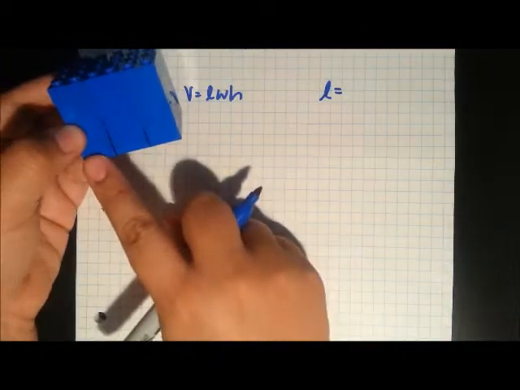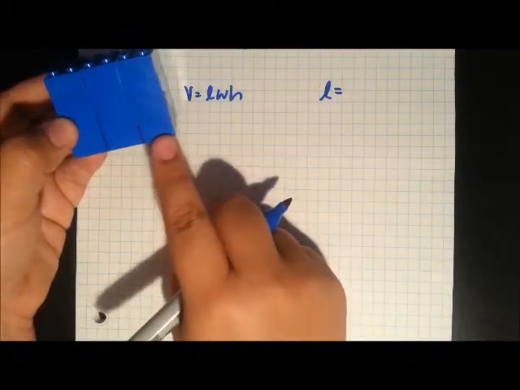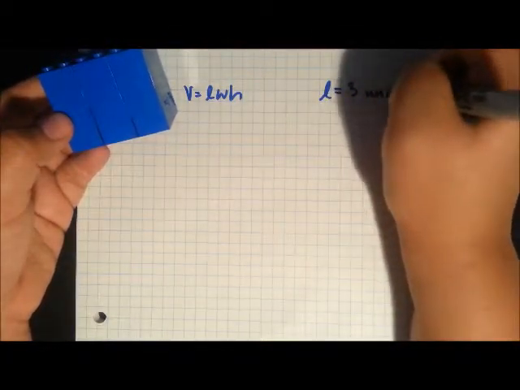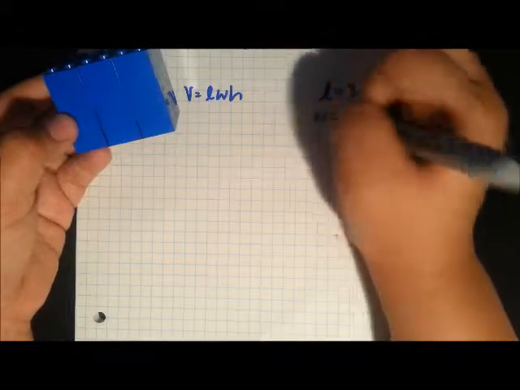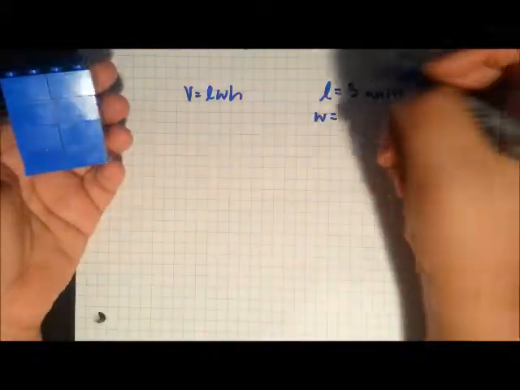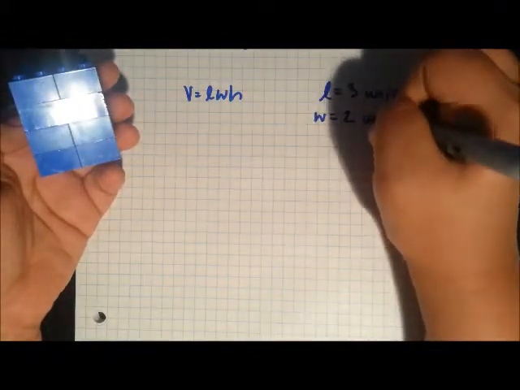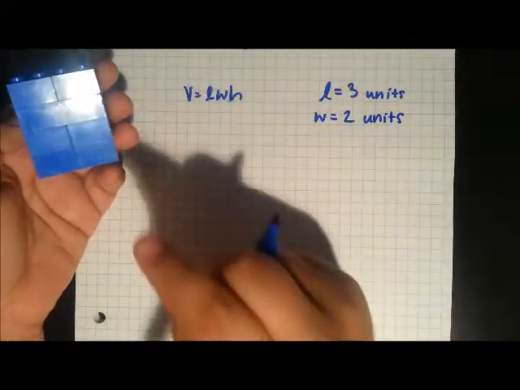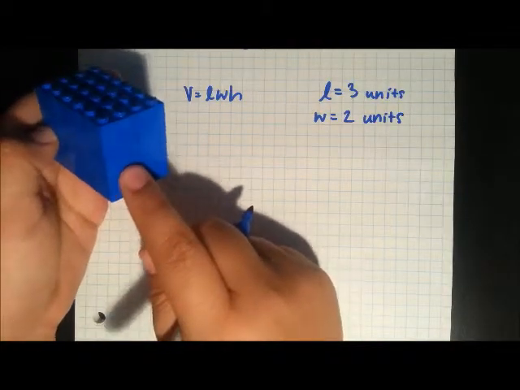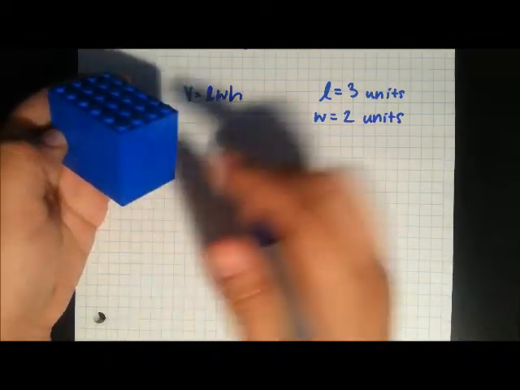Our length is 1, 2, 3 units. Our width is equal to 1, 2 units. And our height is equal to 1, 2, 3, 4 units.